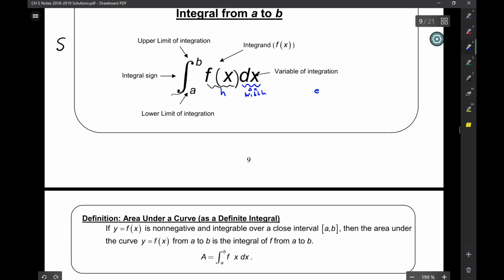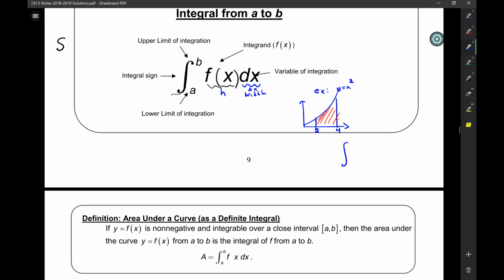So let's do an example. Suppose I've got some curve, and my region is from 2 to 4, and I want to find the area here. Suppose this is y equals x squared. The way I write it is, I want to sum up all of the rectangles. How do I get the rectangles?